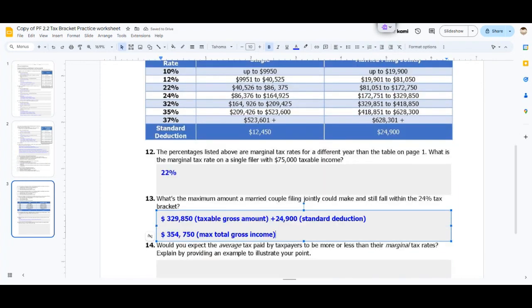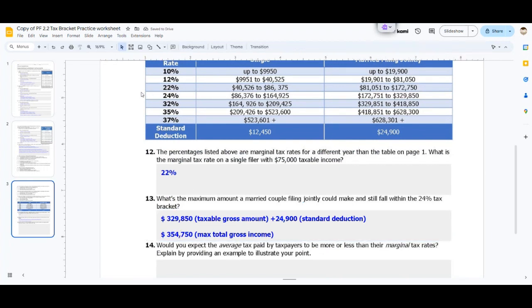Had they earned 354,750, they would still fall within the 24% tax bracket because they would take that 354,750 minus that standard deduction to get down to that maximum dollar amount still within the 24% bracket. All right. So they could earn 354,000 and still fall within this range, even though it maxed out at 329,850, because of that standard deduction of 24,900.